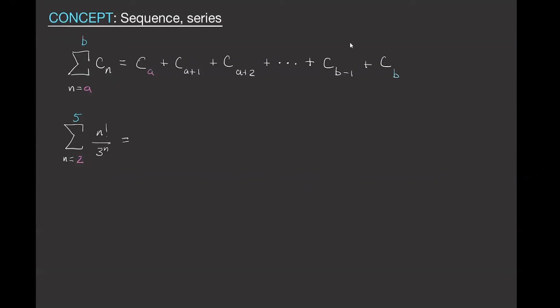So this would look like 2 factorial over 3 to the 2. Then we would have 3 factorial over 3 to the 3, plus 4 factorial over 3 to the 4, plus, and then the last one is going to be 5 factorial over 3 to the 5. And in the middle there, the indices were 4 and 3 between the starting and ending index.